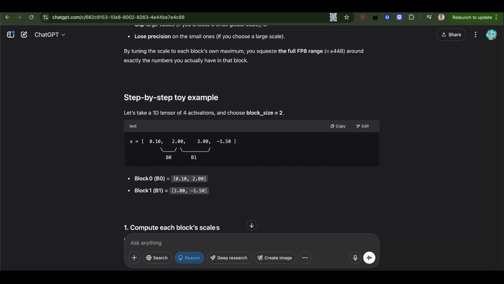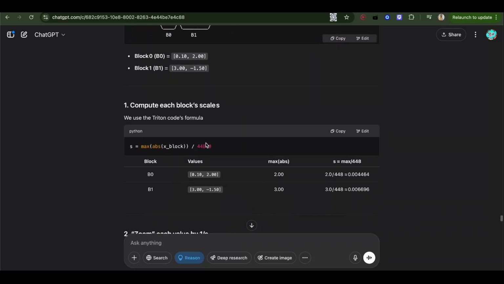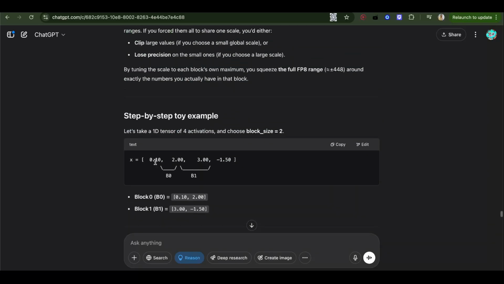Let's see how it's implemented by DeepSeek. So we have some tensor, and it usually has hundreds or thousands of elements. The first thing we should know is the maximum number FP8 can represent is about 448. So if one of these values is 1000 and the other is, let's say, 220, we need to scale these values.